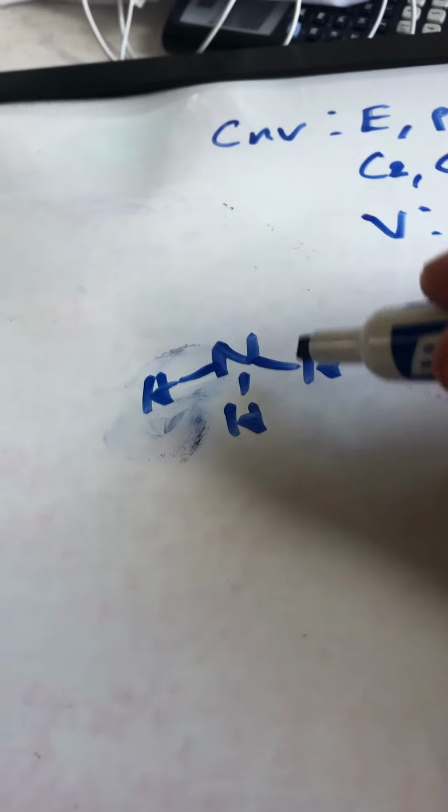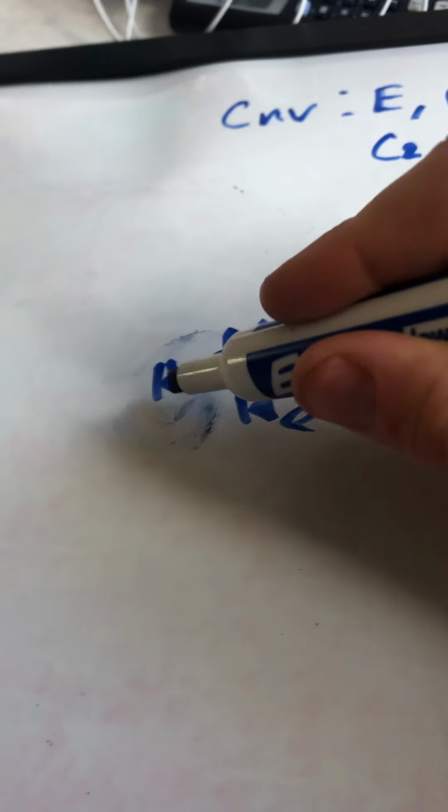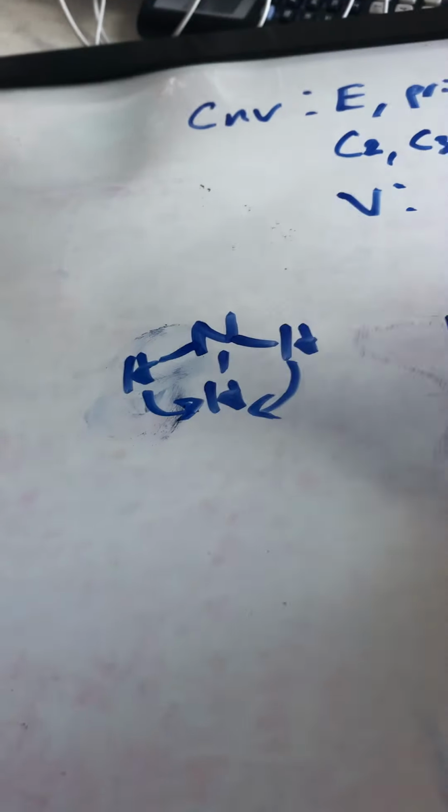Basically, whatever n is for this molecule, which is 3, are there as many C2 axes? So for this one, we're asking ourselves, are there 3 C2 axes perpendicular to the nitrogen? The answer is no. We can rotate here, we can rotate here, but that's about it. There's only 2 really.